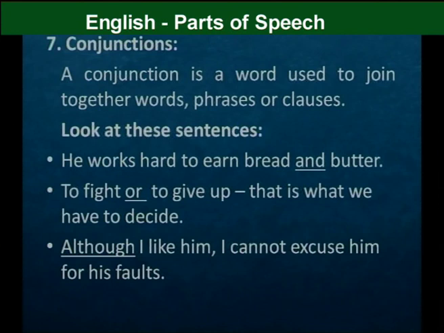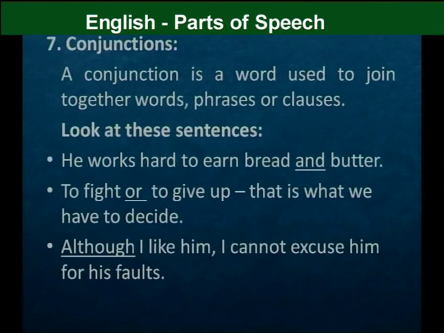Who works hard? Some person. He works hard. What for? To earn bread and butter. Here the conjunction is and. It joins the words bread and butter. These two words are joined together with the conjunction and.